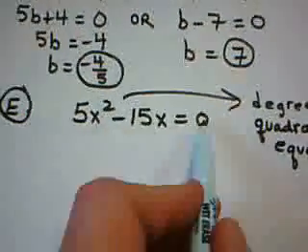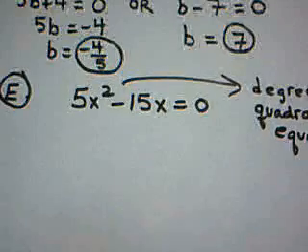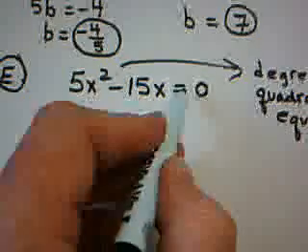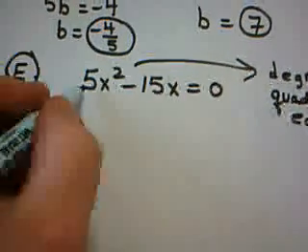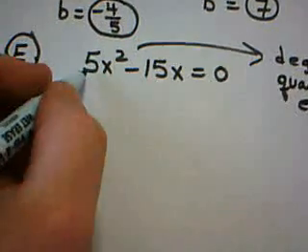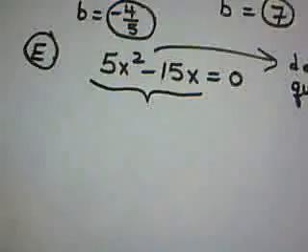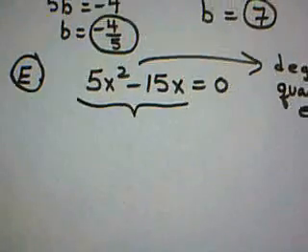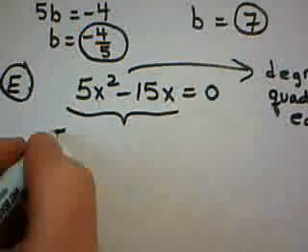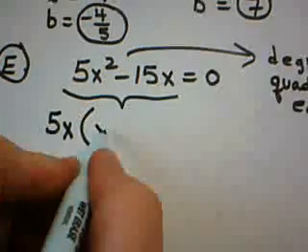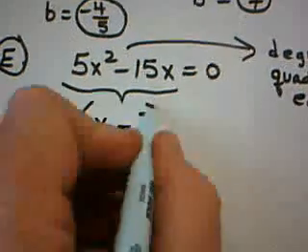We want to make sure this equation is in standard form, which it is. Standard form means I have descending power order equaling 0, and my lead coefficient is positive. I factor this by taking out my GCF, and in this case my greatest common factor would be 5x. In parens, I would have x minus 3.